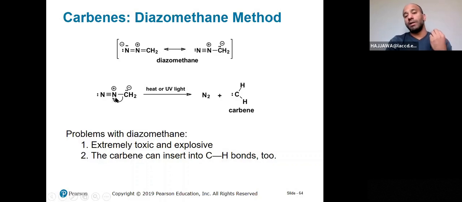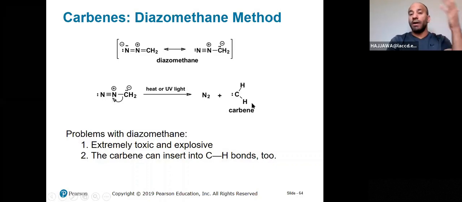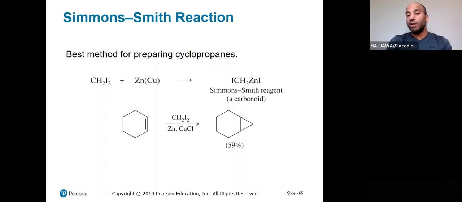Once it releases nitrogen gas in the presence of heat or UV light, you end up making a carbene. Think of it this way: this carbon has a negative charge, but once you take that bond away with the nitrogen attached to it, it gets back to four valence electrons around it. That carbene, once formed, is going to react with the alkene to give you the cyclopropane.